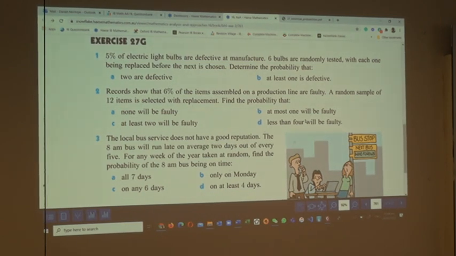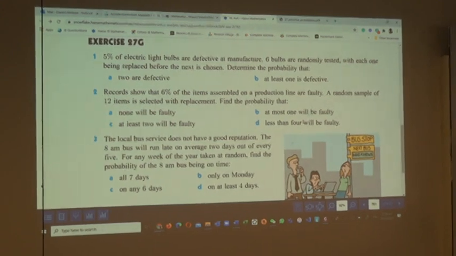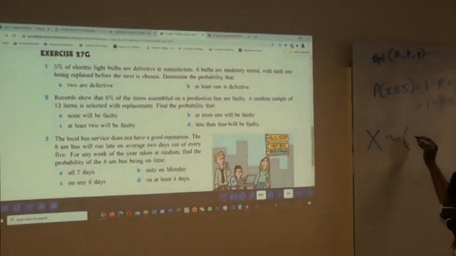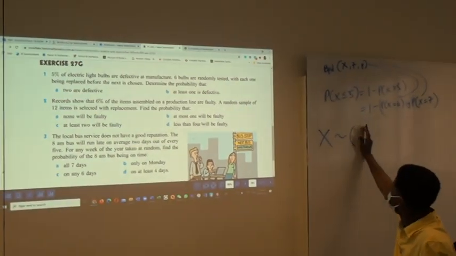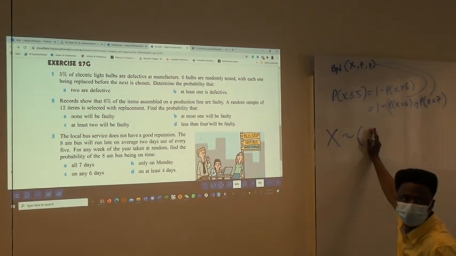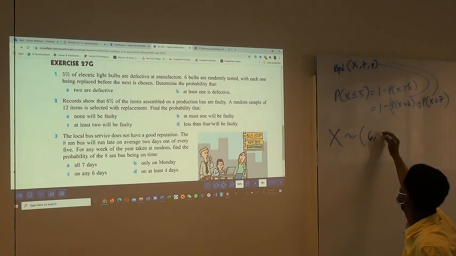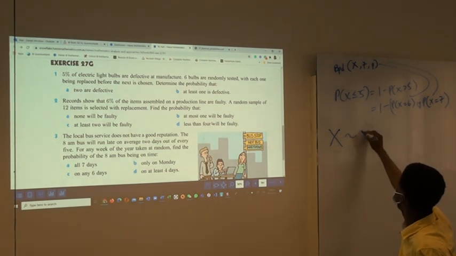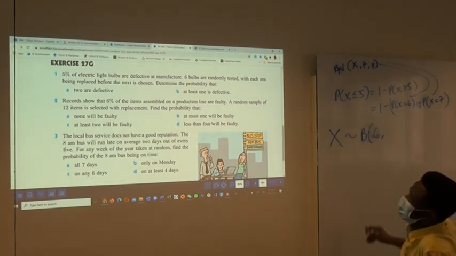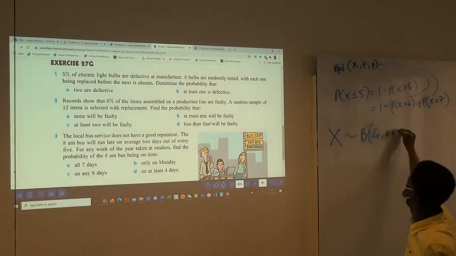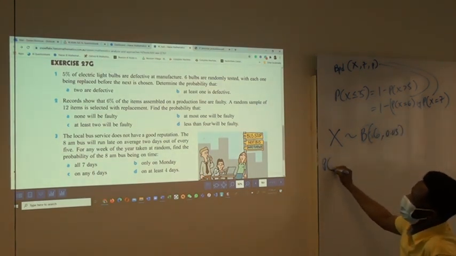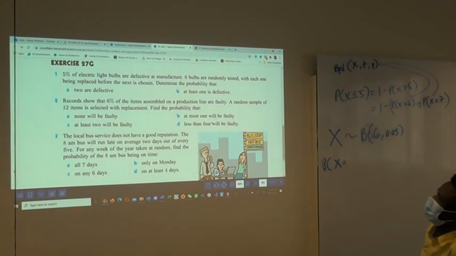So we have a binomial distribution with what? 6, comma... So the first one, probability that the random variable... the random variable represents what in this case?